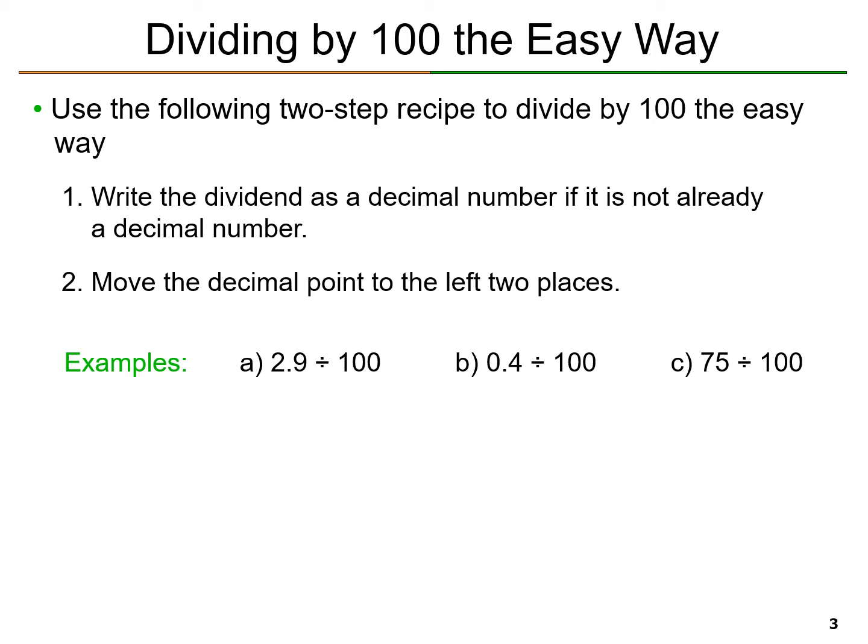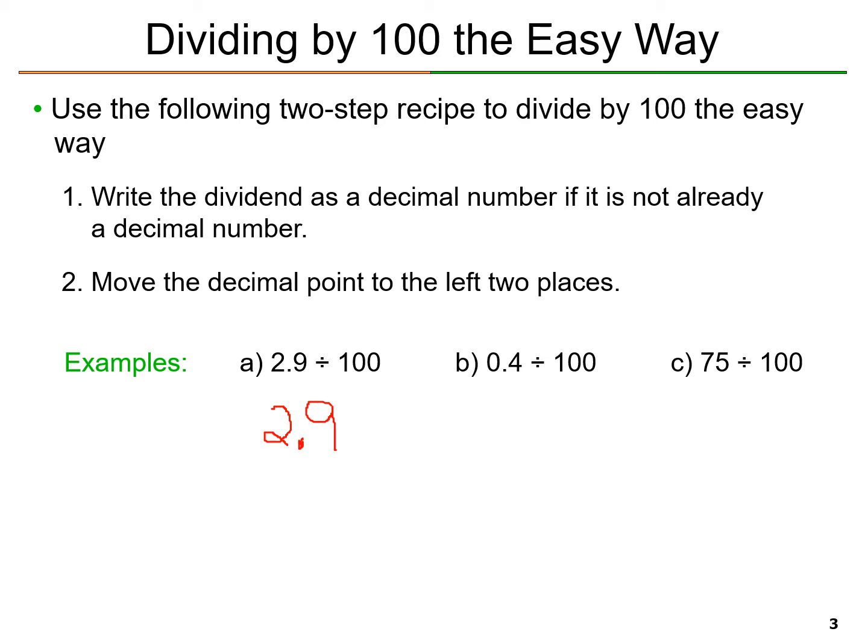Okay, 2.9 divided by 100. 2.9 is the dividend. It's already a decimal number. So we write it down as 2.9. Now, in step 2, we move the decimal point to the left 2 places.